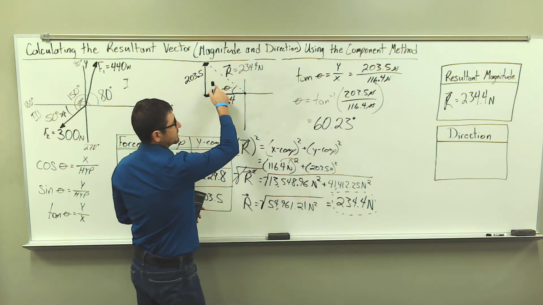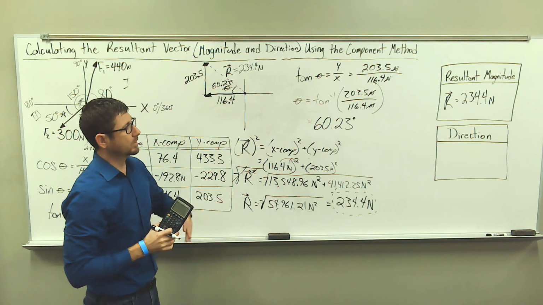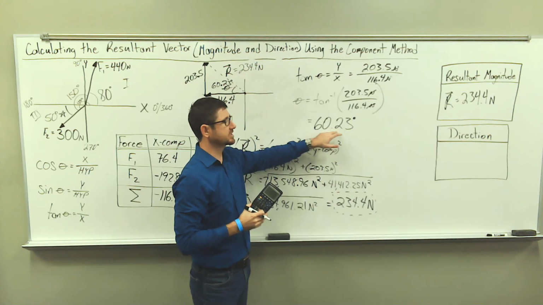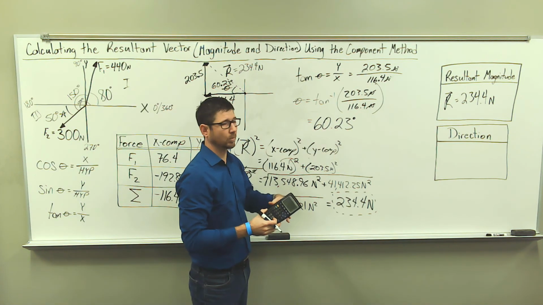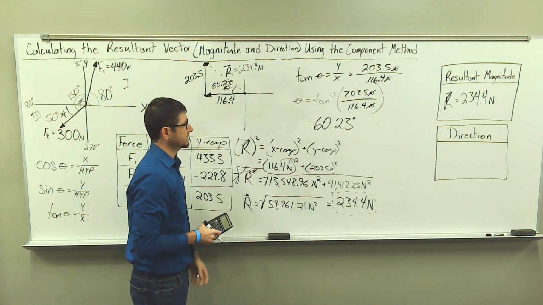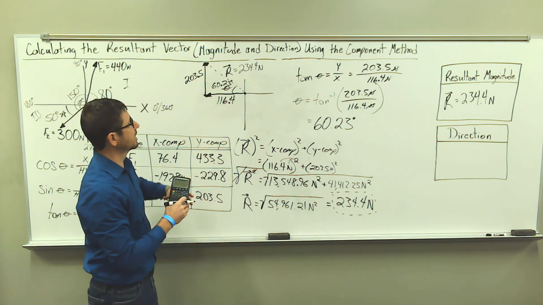Now, this angle here, 60.23 degrees. So for our full answer, we have to describe the direction, because if we just put 60.23 degrees, well, we really don't know what that is with respect to. So we're going to say 60.23 degrees north of west.